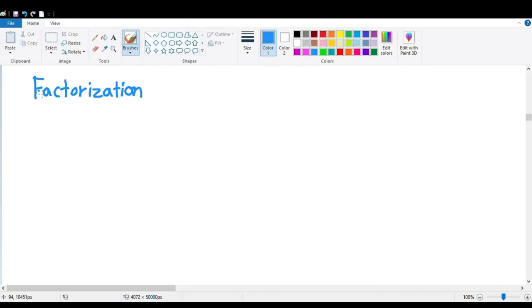The first step you have to do to solve a quadratic equation by the method of factorization is to see if it is in standard form. And again, if you don't know how a quadratic equation looks in standard form, let me show you right over here. But again, I do recommend you go watch my previous video, because it'll be way easier and you'll get way more of what we're doing.